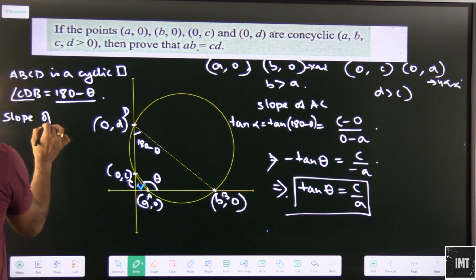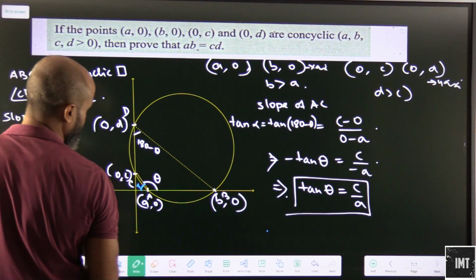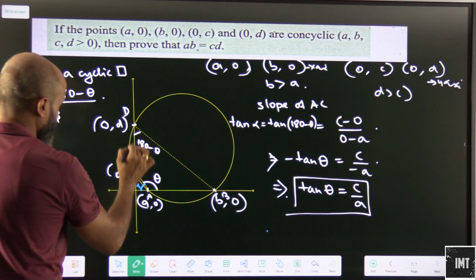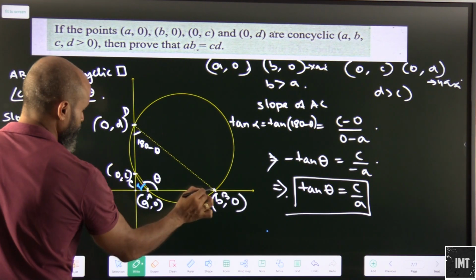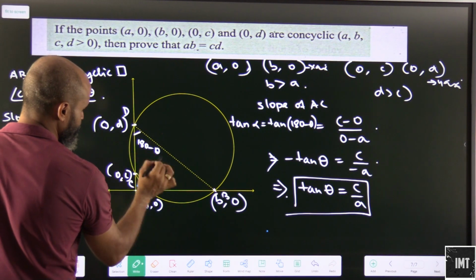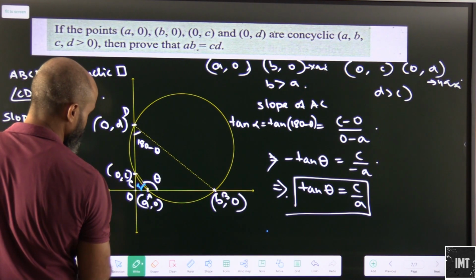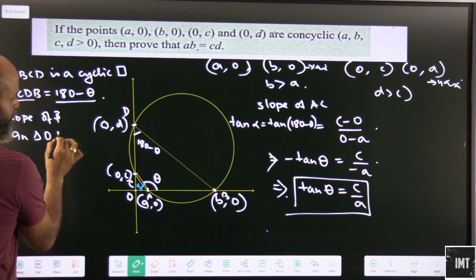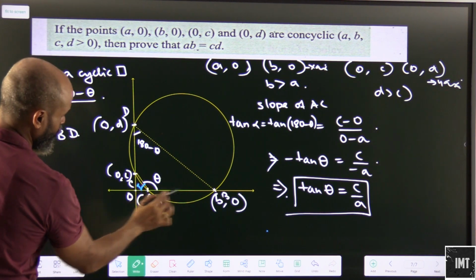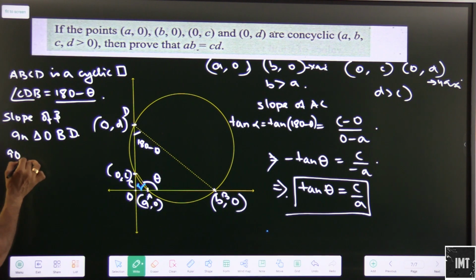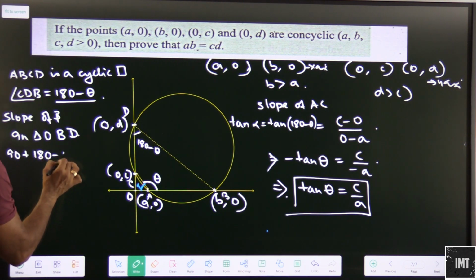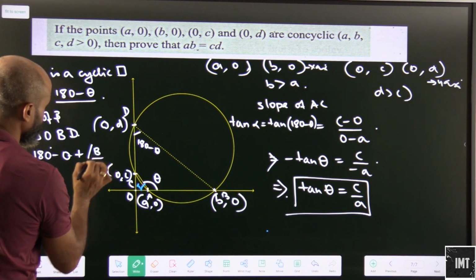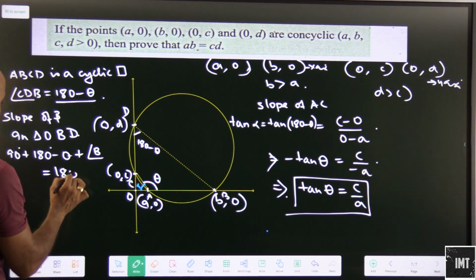So to find the slope of BD, this is theta, this is 180 minus theta, and if I take this triangle, let's say I name this as O, so in triangle OBD, this will be 90 plus 180 minus theta plus angle B is equal to 180 degrees.